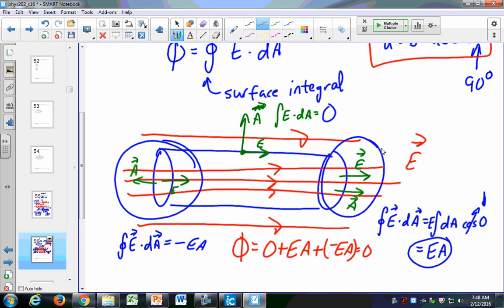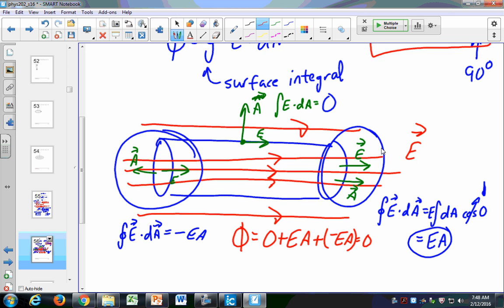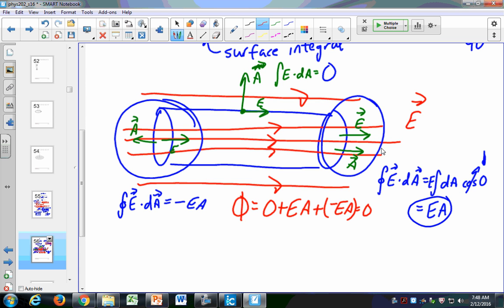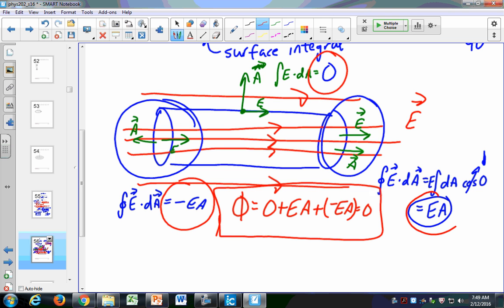So that's all really just finding the flux. The flux is that sum or the integral of E dot dA. Once we have these three surfaces, we just add them up, and we found that the total flux in this case is equal to 0. We had 0 flux here, because our vectors are perpendicular, a negative EA and a positive EA, and we add all those up and get 0 total flux through the surface.